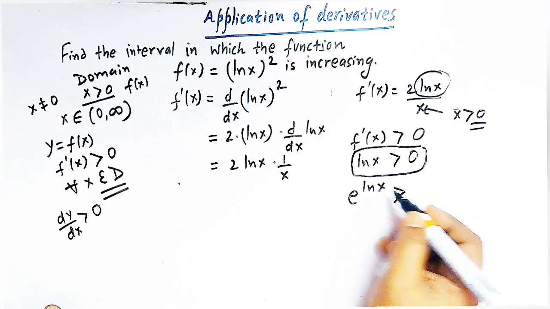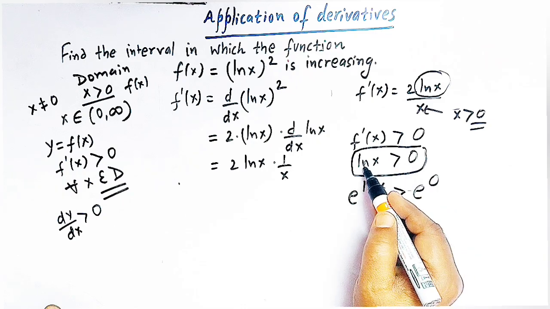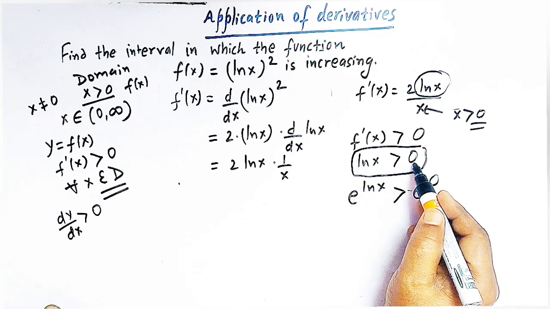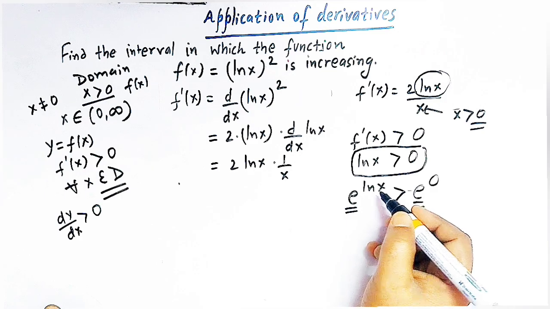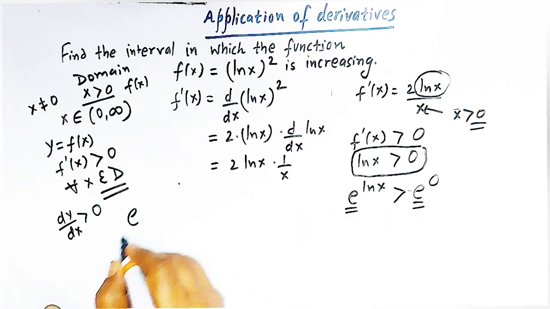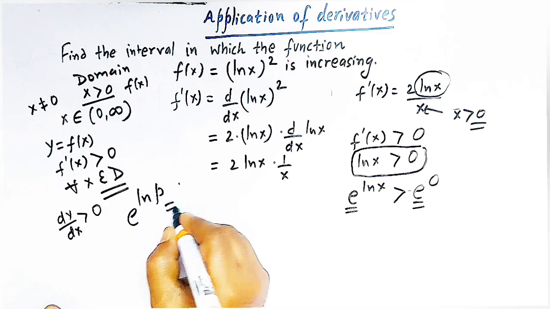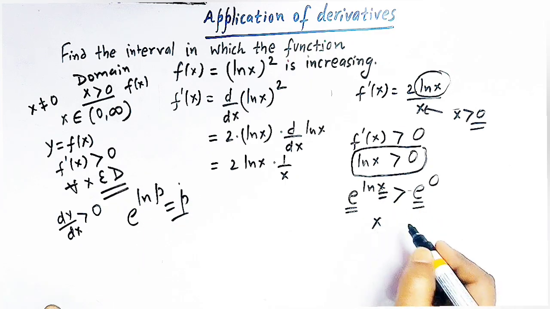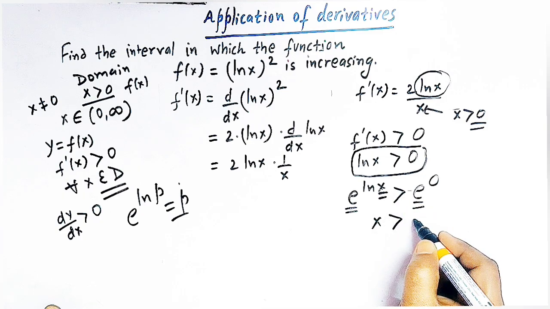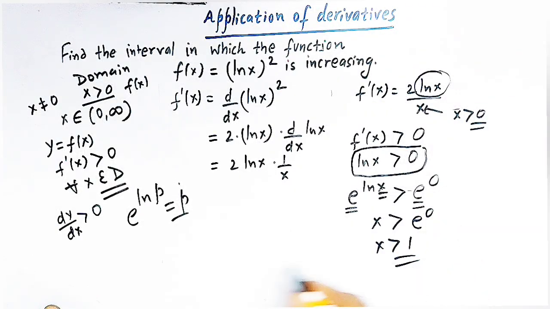So e raised to natural log of x is greater than e raised to 0. From an important result we know that e raised to natural log of, say, p is equal to p, right? So here we have x, and x is greater than e raised to 0, and e raised to 0 is 1.